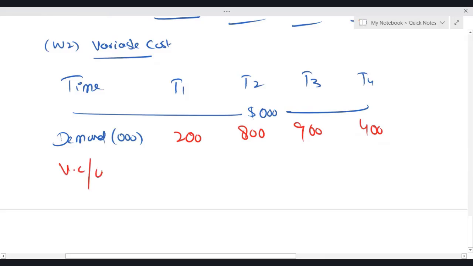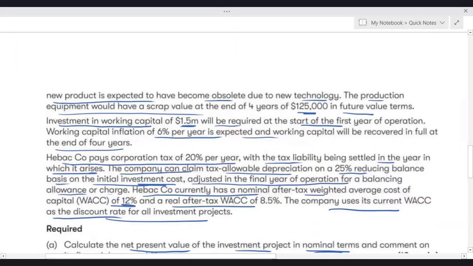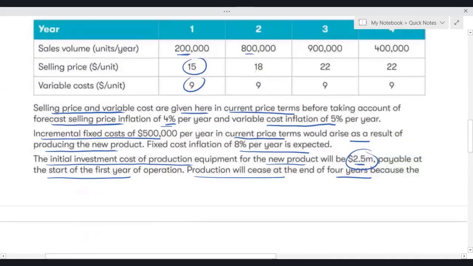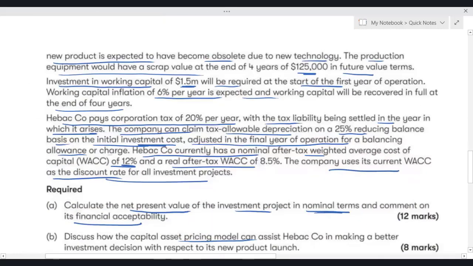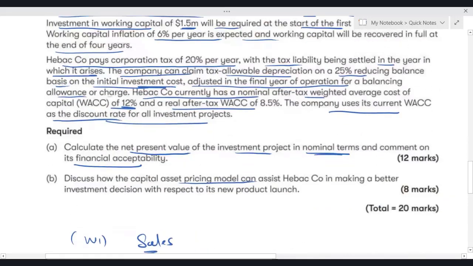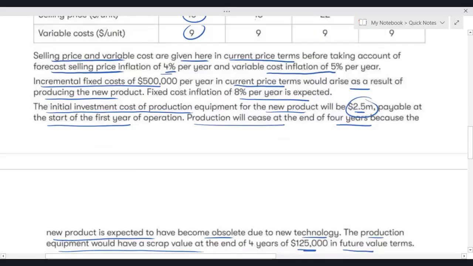Variable cost per unit. Let's see. Variable cost per unit. Wow, it is 9. Variable cost per unit is just 9. And what is the inflation? Inflation for the variable cost is 5%.